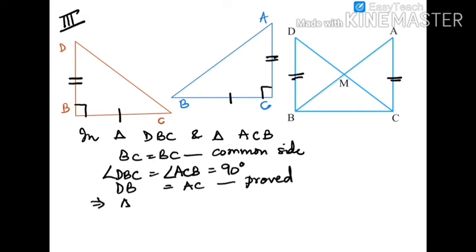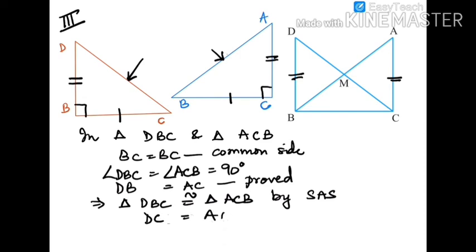So this implies triangle DBC is congruent to triangle ACB by side angle side. So we can say that DC is equal to AB as they are corresponding parts of congruent triangles. But we know that DC is equal to DM plus MC.